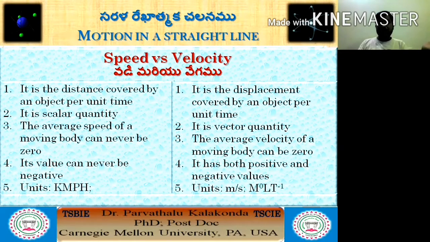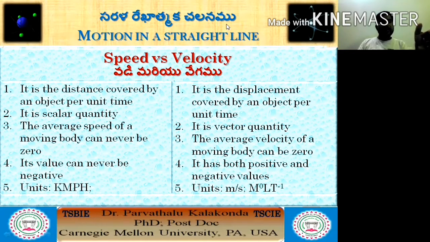It is a scalar quantity. Whereas velocity is the displacement covered by an object per unit time. So it has a particular direction. You have to specify the direction here. Okay. So speed is a scalar quantity. Velocity is a vector quantity.